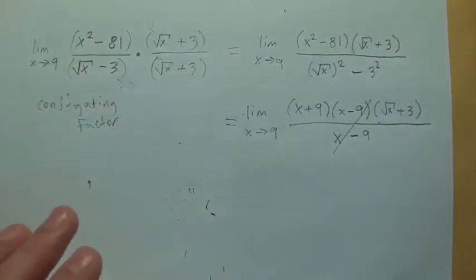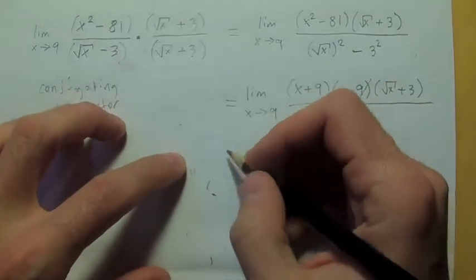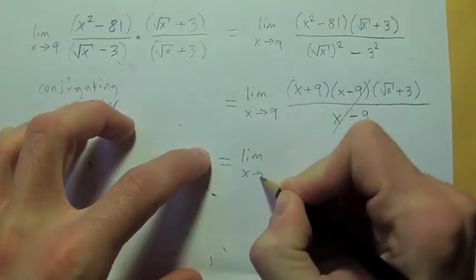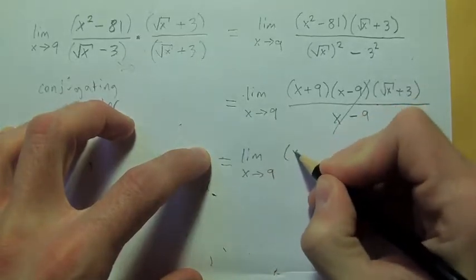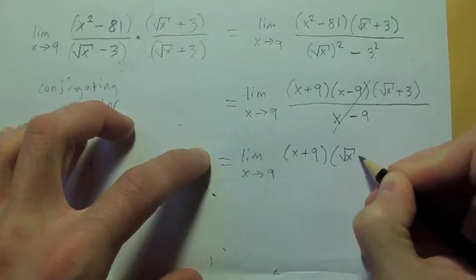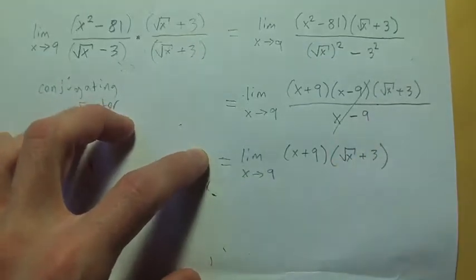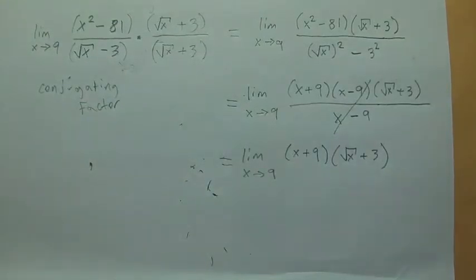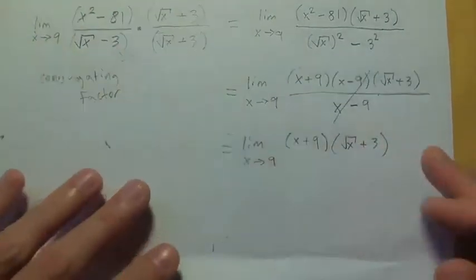Okay. Now continuing on, what we end up with here is the limit as x goes to 9 of x plus 9 times the square root of x plus 3. And there's not a fraction there. Very nice. So we can just plug our 9 in and get our number out.